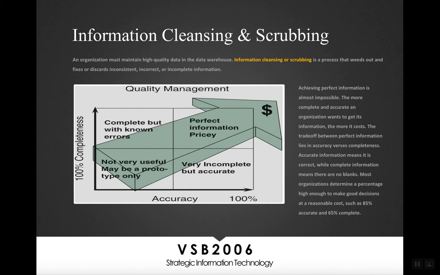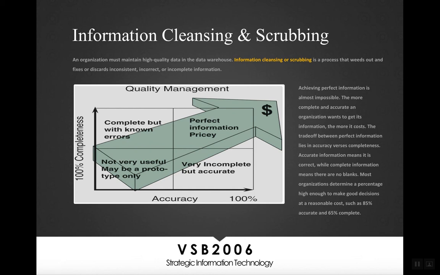It's about balancing, as we show in the chart here. We're trying to balance completeness of the data with the accuracy of the data. So most organizations are trying to find the right combination of completeness to accuracy.